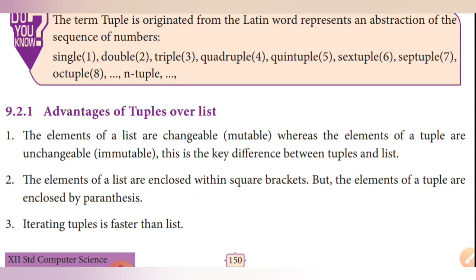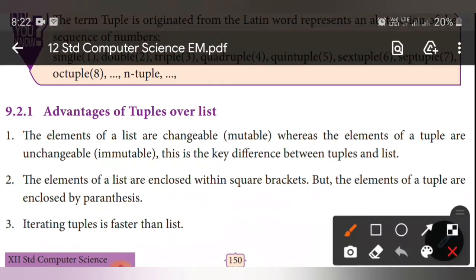What is the meaning of immutable? Immutable means unchangeable; mutable means changeable. List elements are mutable, tuple elements are immutable, that is, unchangeable. This is the key difference between tuples and lists.